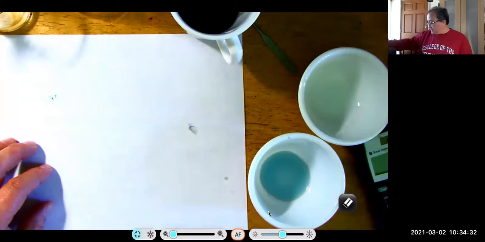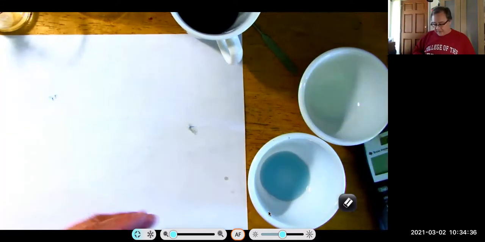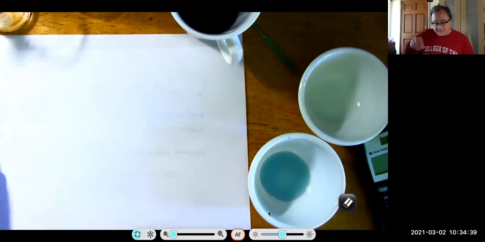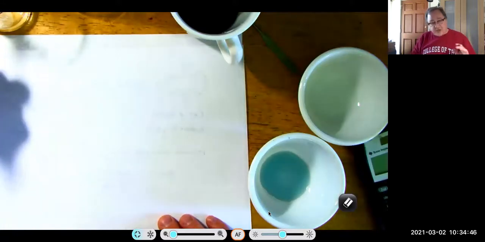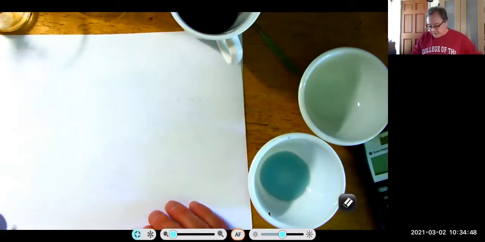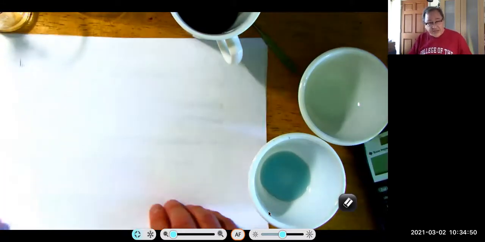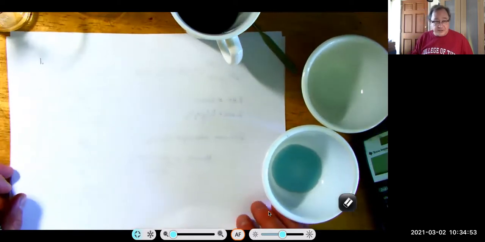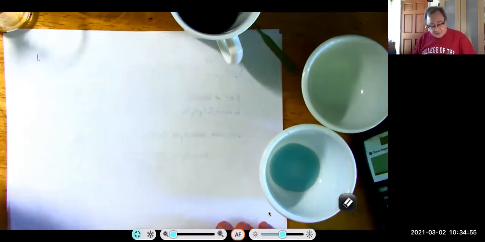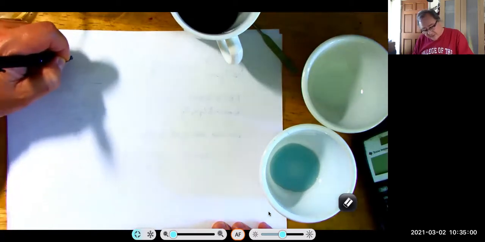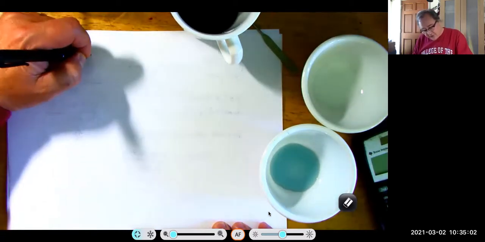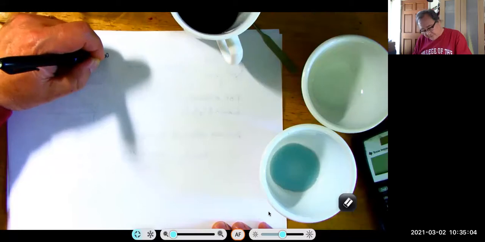So if we take a look at what we've done so far and write down the directions, let's see, where's all my paper? I'm going to write down some of the things that we've done so far. These are just general big directions, not tiny little, here's exactly what you do directions, because that's in your written lab description. So we're going to make a saturated sodium bicarbonate solution.